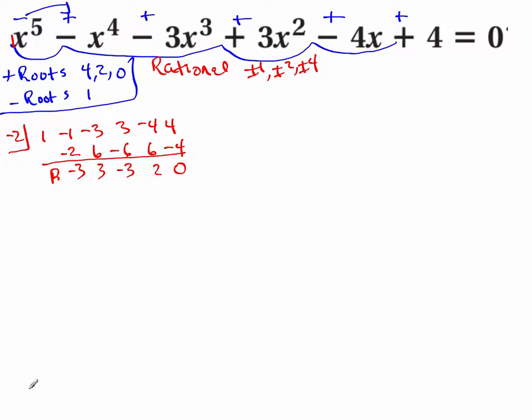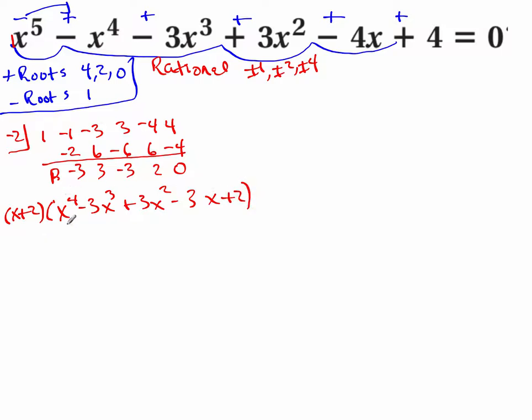So I'm going to come down here and rewrite my polynomial. I know my polynomial is x plus 2 times x to the 4th minus 3x cubed plus 3x squared minus 3x plus 2.